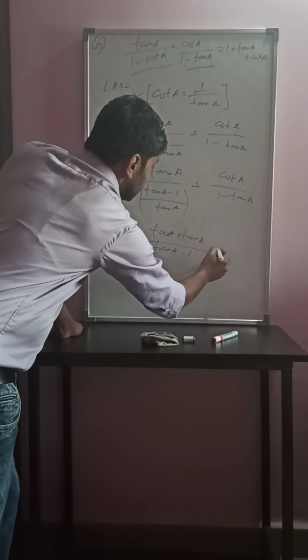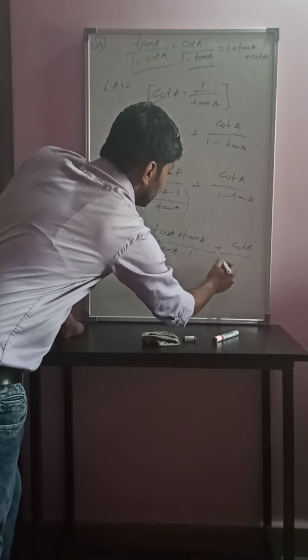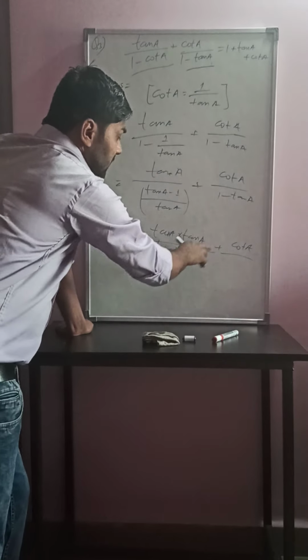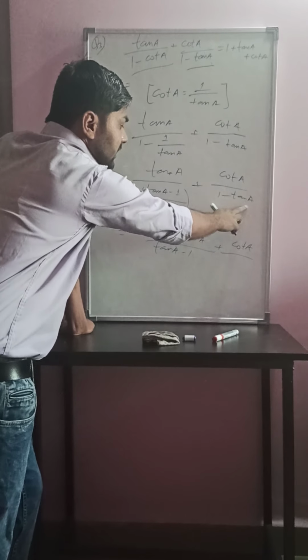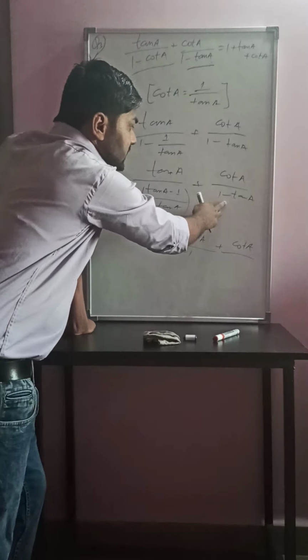tan A minus 1 plus cot A divided by, here you can see we got tan A minus 1, but here the term is 1 minus tan A. So can we interchange the sign convention? Can we make it tan A minus 1? How? We'll just change the sign here. We'll take the minus common. If I take minus common, we'll get tan A minus 1.